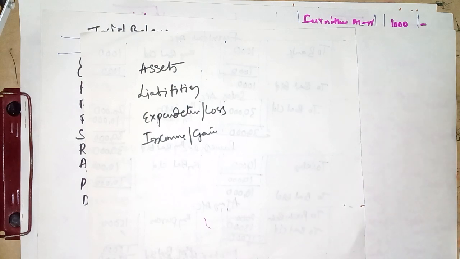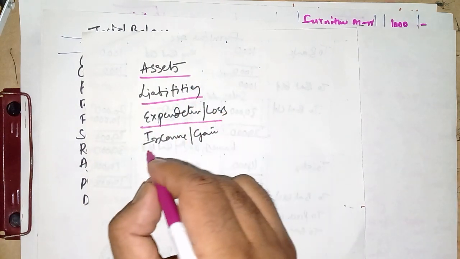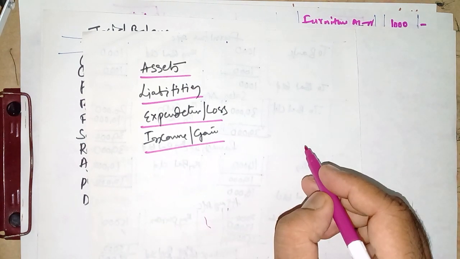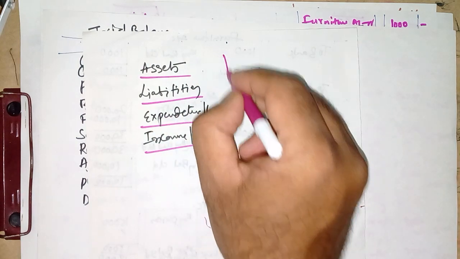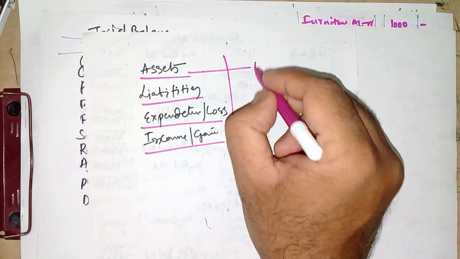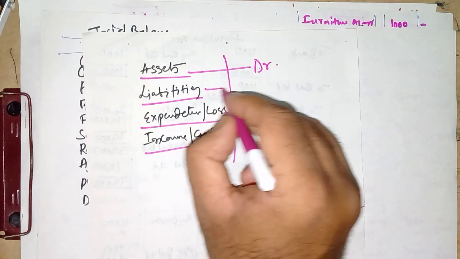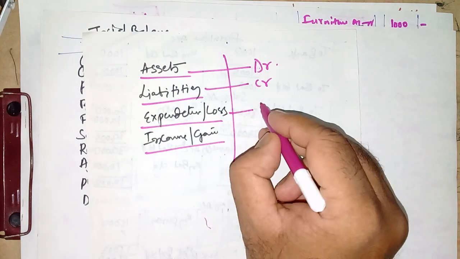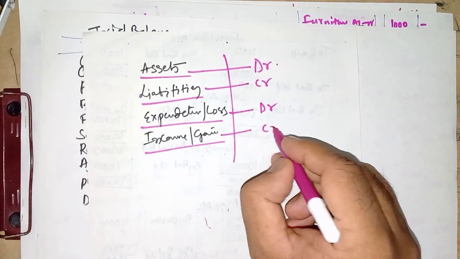So we divide accounts into these 4 categories. And these are the universal truths I am saying, right? Always asset shows debit balance. Always liability shows credit balance. Always expenses show debit balance. Always income shows credit balance.